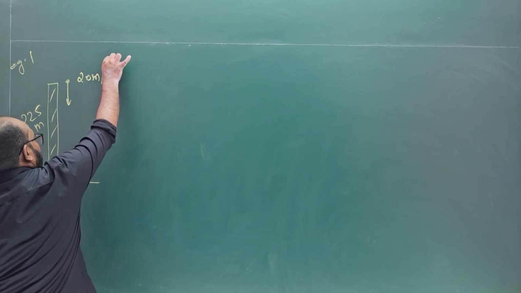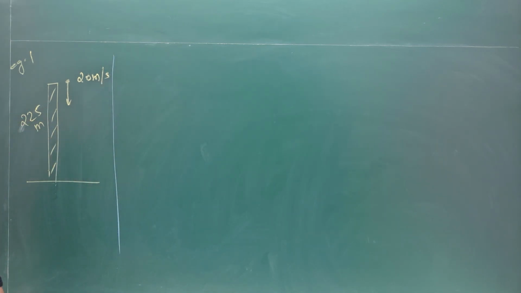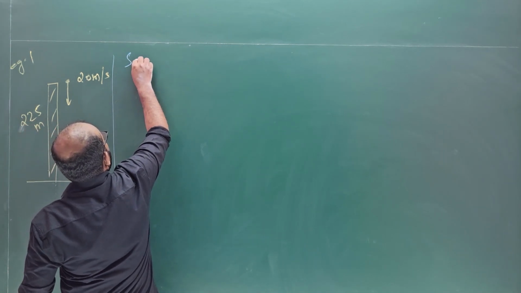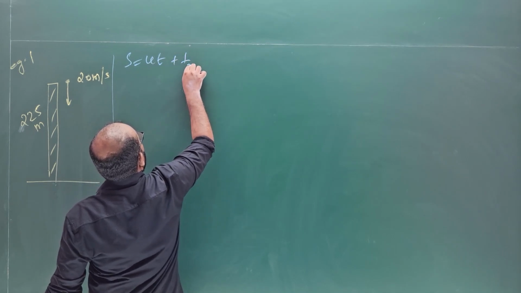What is the time you got? Unable to solve the quadratic again? Okay, S is equal to ut plus half at square.